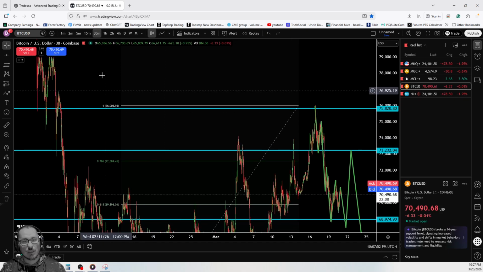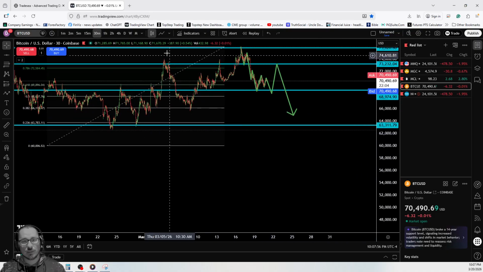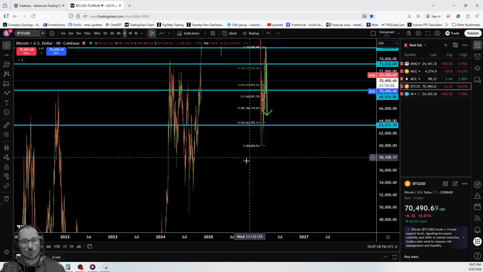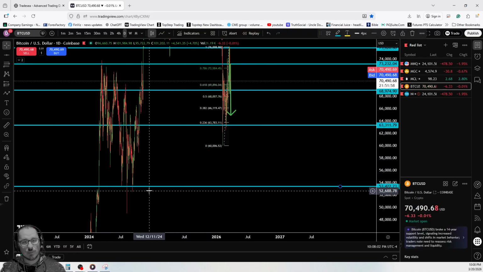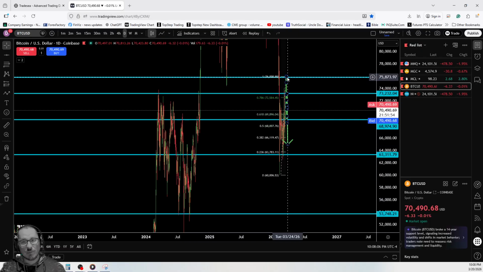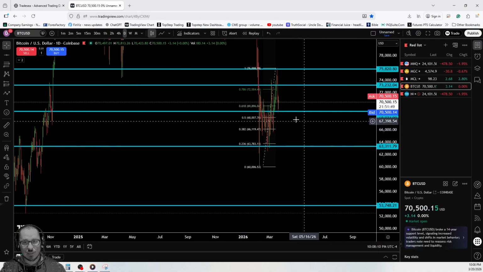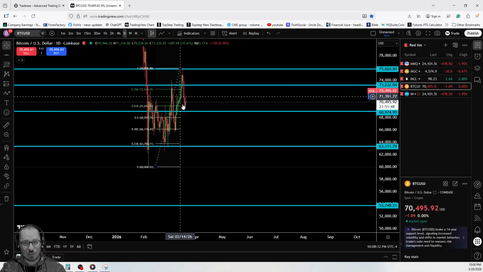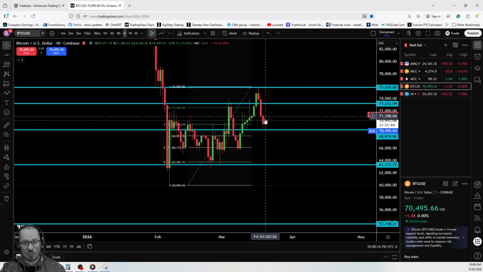If this is going to act like a new resistance, where's the next zone? Over here. So if we made a new lower high, I would like to see this as generated liquidity to keep pushing to the downside. And by the way, when you look at the daily, that's strong selling.